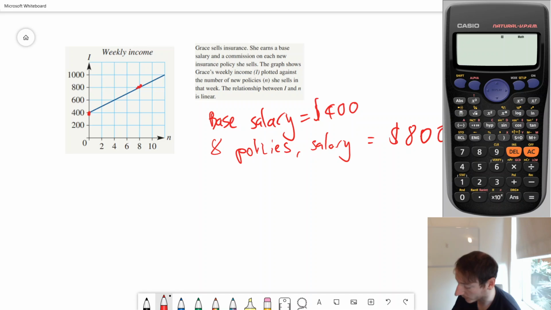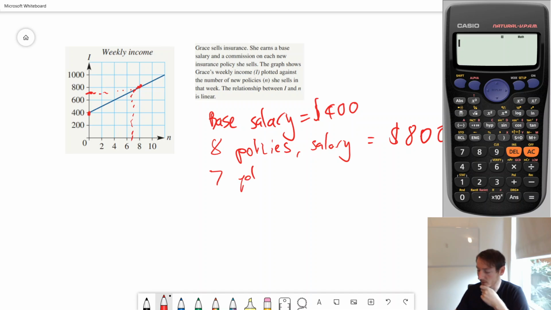Salary is really not the correct word here, but it's what the textbook uses. How many policies does Grace need to sell to earn 700 for the week? Well, 700 is going to be here. Reading across till we hit the line, ruling down. You can see there, 7 policies is going to be $700.